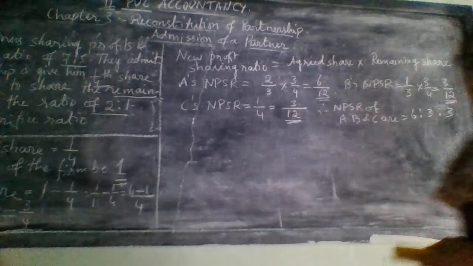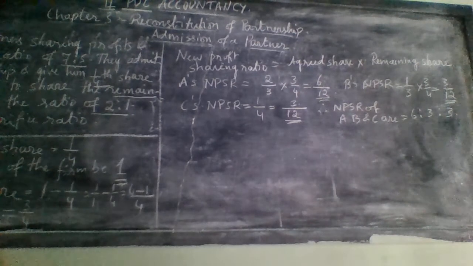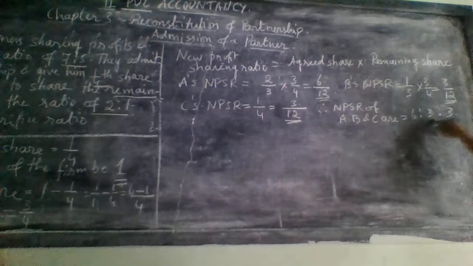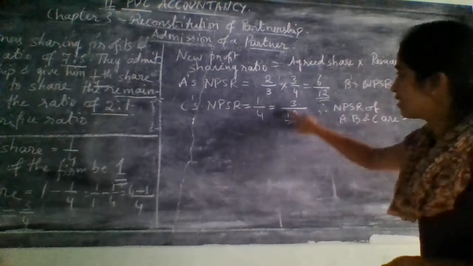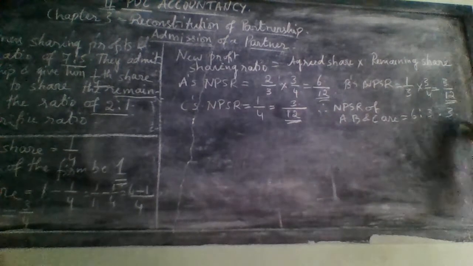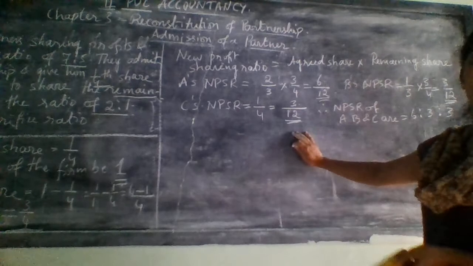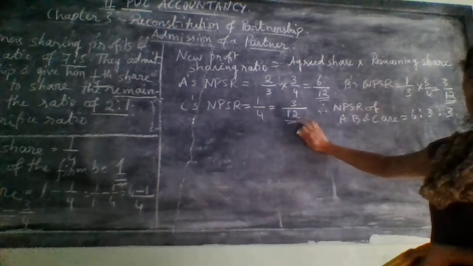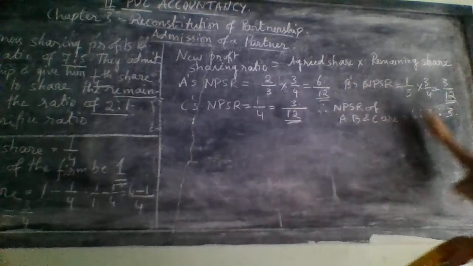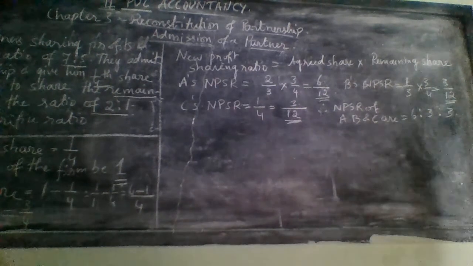How will you know whether your new profit sharing ratio is correct or not? Add these 3: 6 plus 3, 9. 9 plus 3, 12. If you get the denominator by adding these 3, then your new profit sharing ratio is correct. If you are not getting this denominator, then your new profit sharing ratio is wrong.